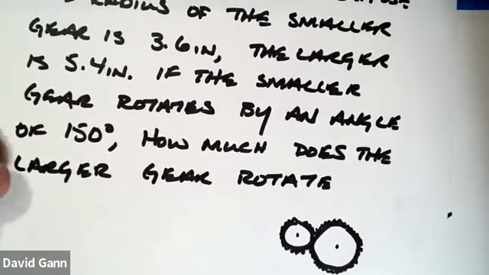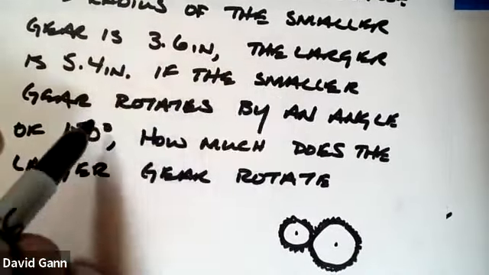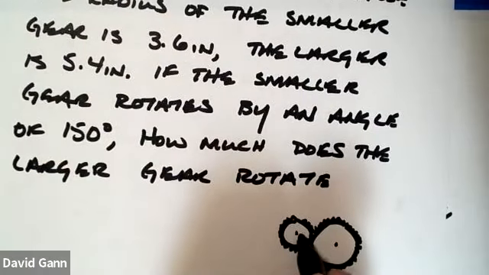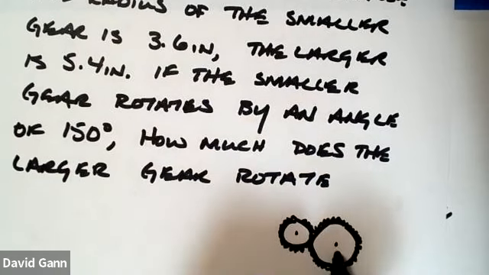So what the problem is saying is the smaller gear rotates a little over a quarter of the way, almost halfway. What does that do to the larger gear?